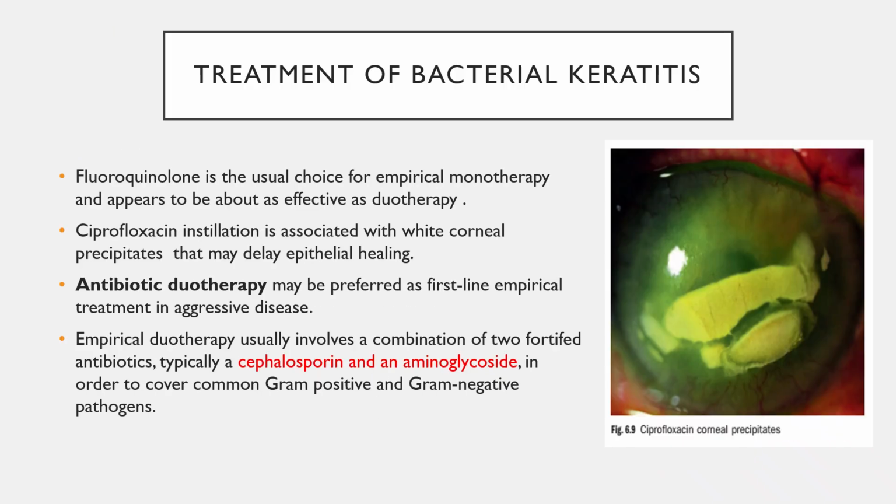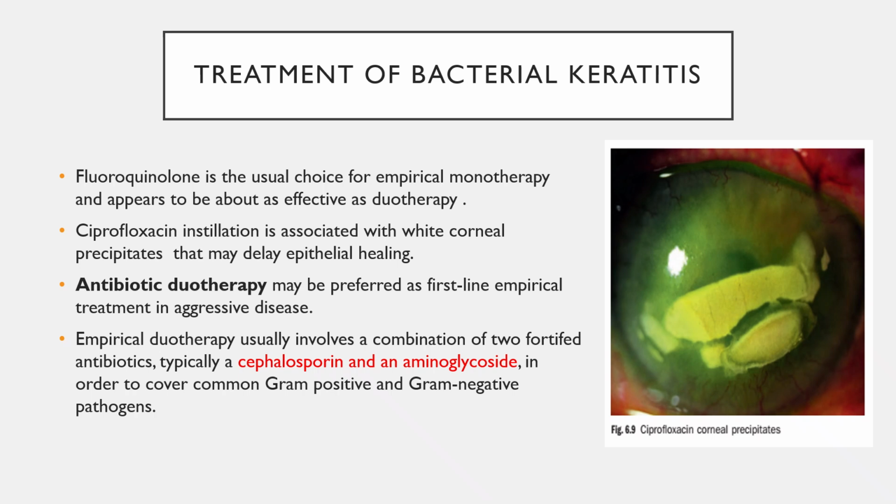Treatment of bacterial keratitis: fluoroquinolone is the usual choice for empirical monotherapy and it is as effective as duotherapy. Ciprofloxacin instillation may delay epithelial healing because of precipitation of the drug on the cornea. Antibiotic duotherapy may be preferred as first-line empirical treatment in aggressive diseases.